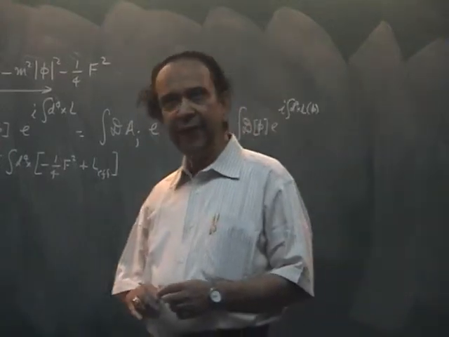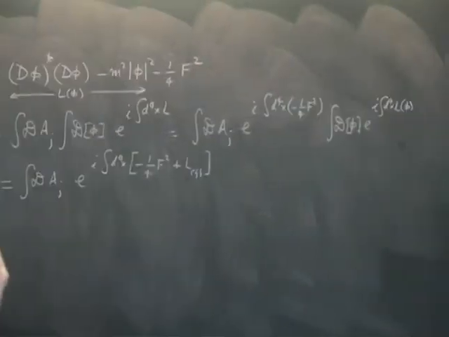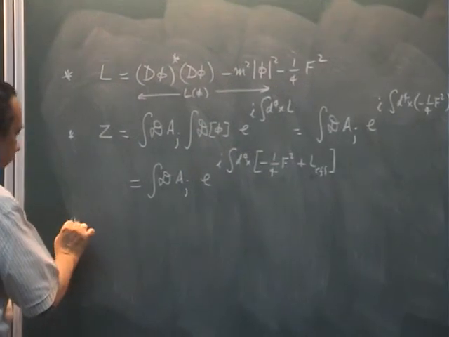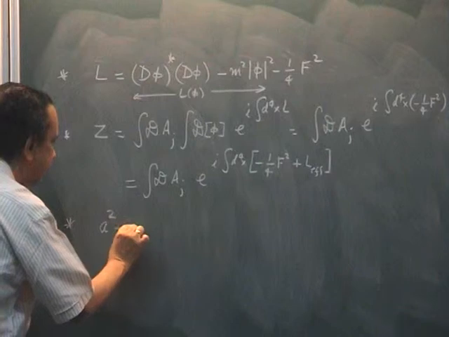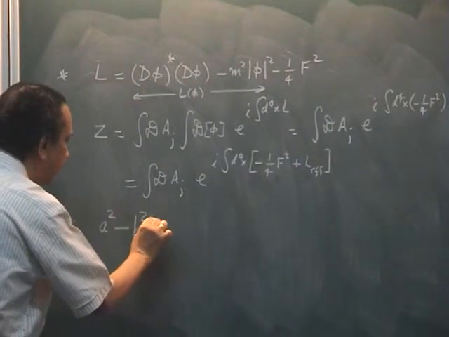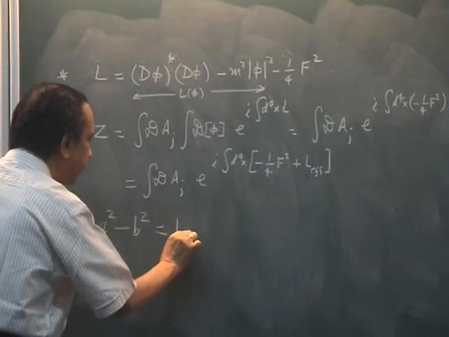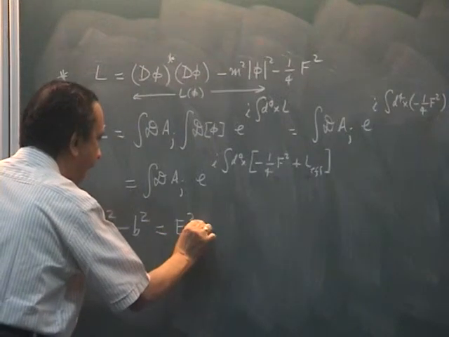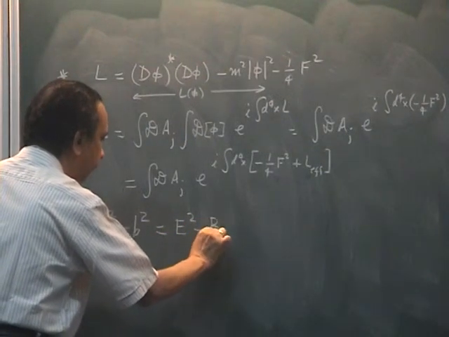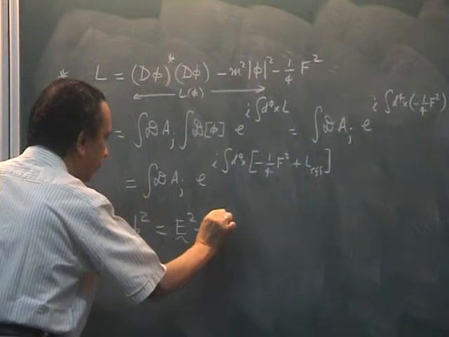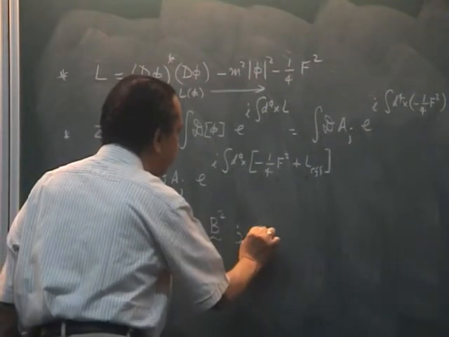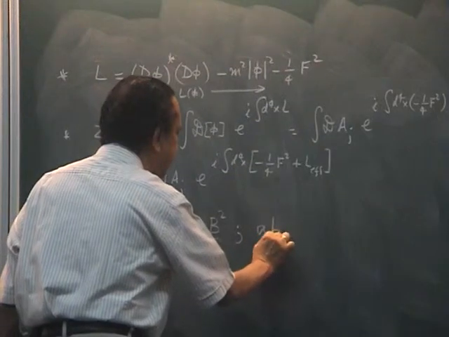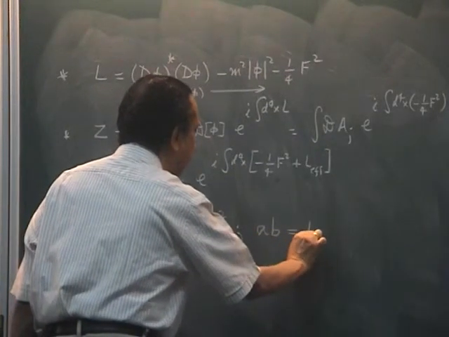So for convenience, we will introduce two more quantities, which we call a and b. By definition, a squared minus b squared is equal to E squared minus B squared, and ab is E dot B. a and b are just numbers.